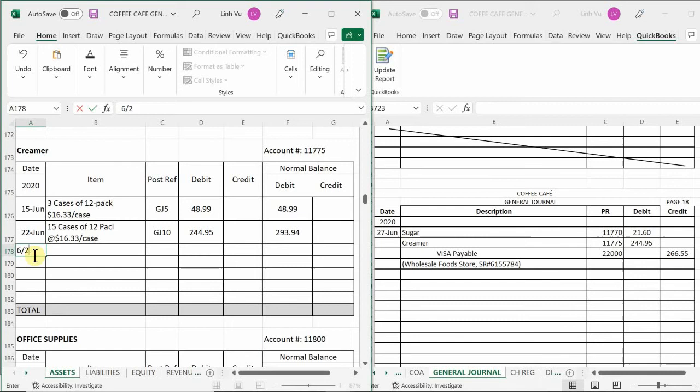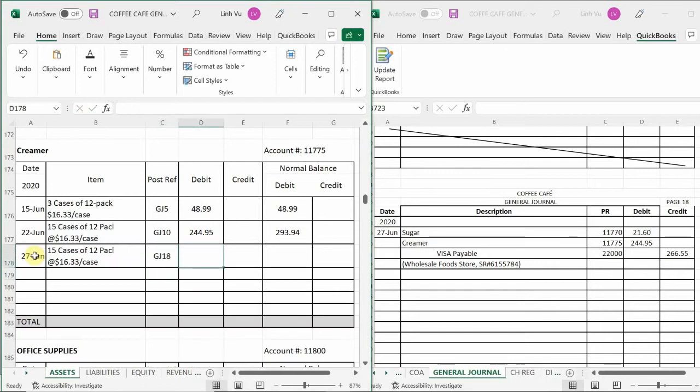It was $244.95, so you can just copy that over on page 18. $530, yeah. Okay. And liabilities to Visa payable.